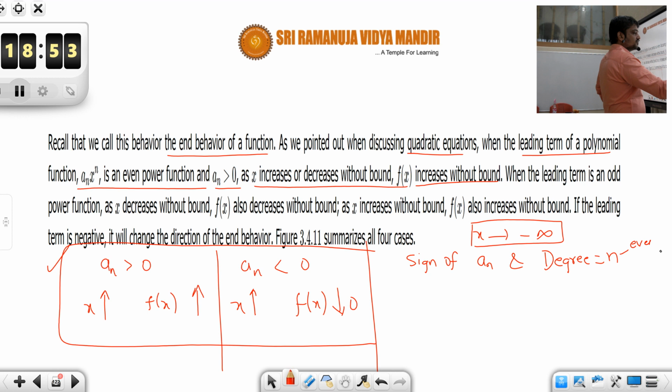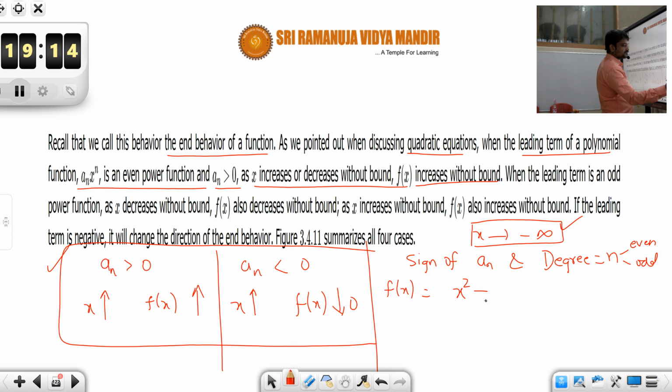Say, for example, let's consider f of x equal to, a simple example, x square plus 3. And let's look at another example, f2 of x equal to x power 4 plus 3, or say x cube plus 3.